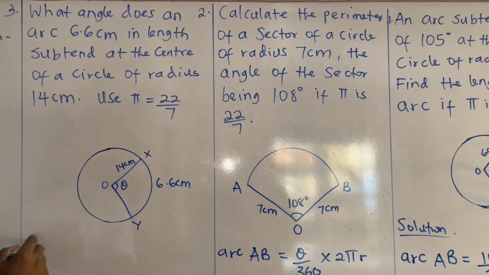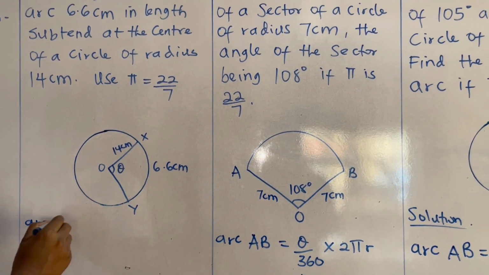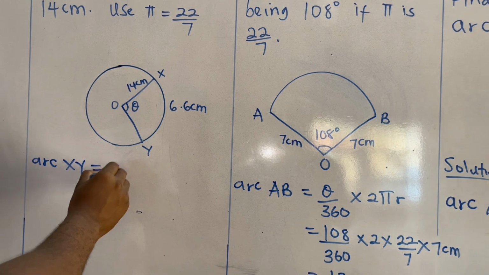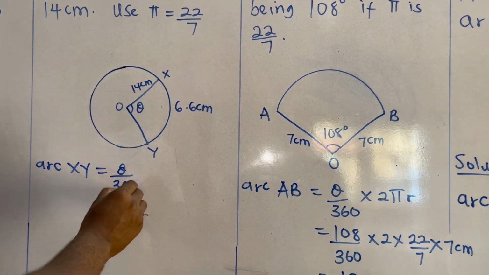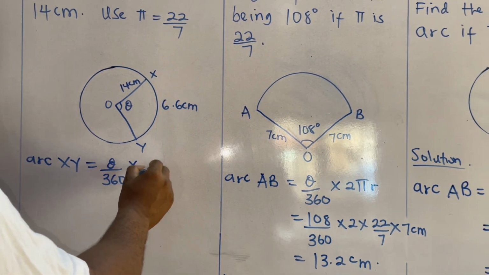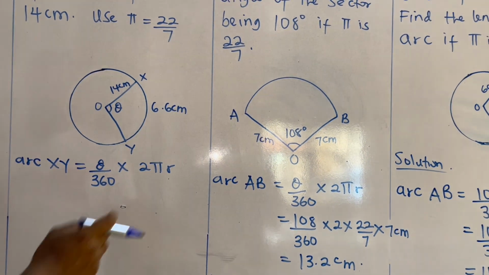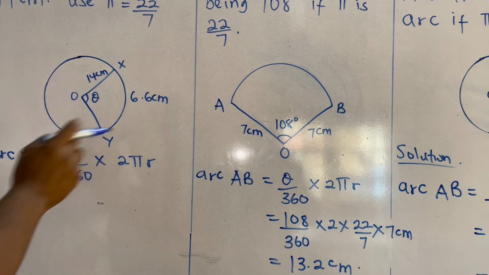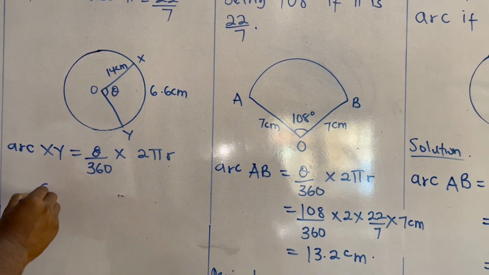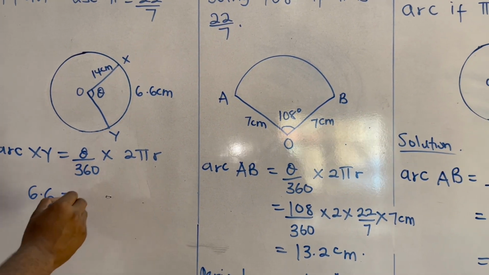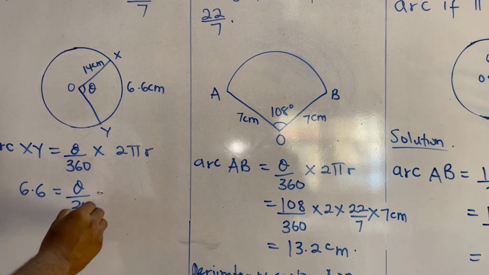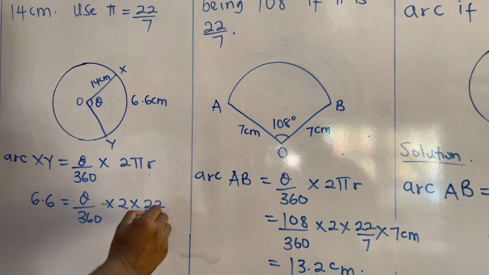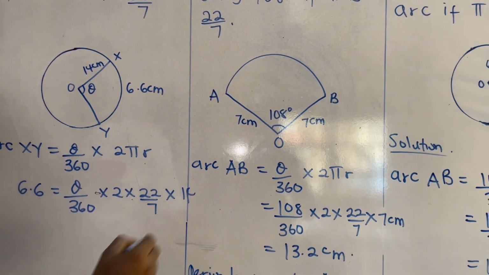The arc XY is theta over 360 times 2 pi r. In this case, r has been given as 14 centimeters, and we have been given the arc to be 6.6. So 6.6 is equal to theta over 360 times 2 times 22 over 7 times 14.